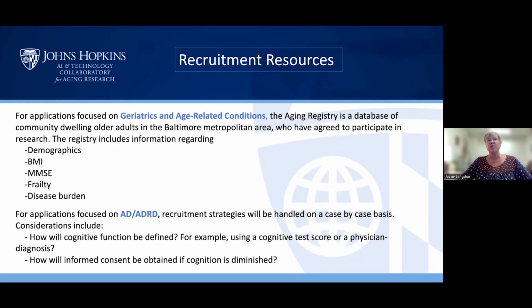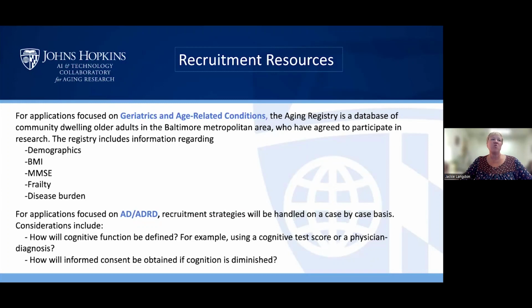So some of the recruitment resources we have at the Healthy Aging Studies Unit: for applications that are geriatric or age-related conditions, we have an aging registry, which is a database of adults over 65 years old who live in the Baltimore area, and they have already agreed to participate in research as a whole. They've expressed an interest. They're not obligated to complete any study, but they have given us permission to reach out to them.